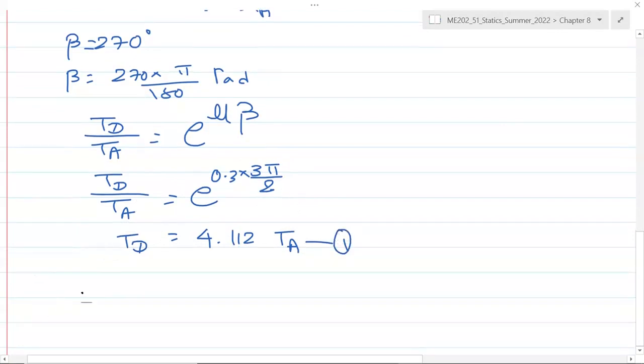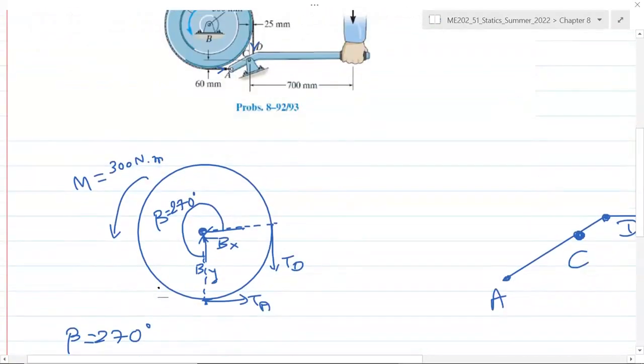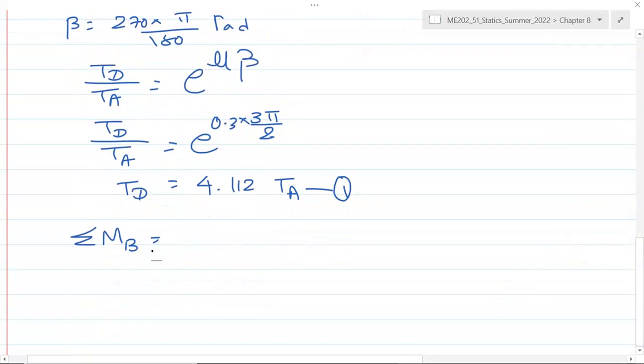Then we can apply the sum of moments about B, which is the center of the drum. Now why B? Because we would like to eliminate the two support reactions that we don't know, Bx and By. So now it's only TA and TD and the externally applied moment, and that is equal to 0 when the system is in equilibrium. Counterclockwise is positive.